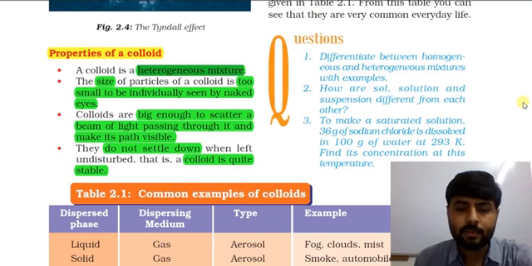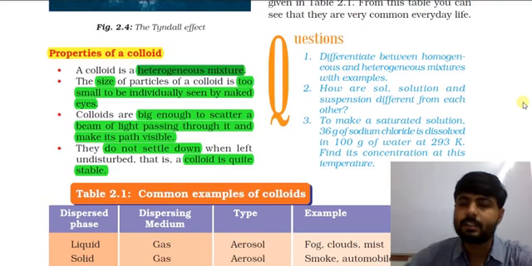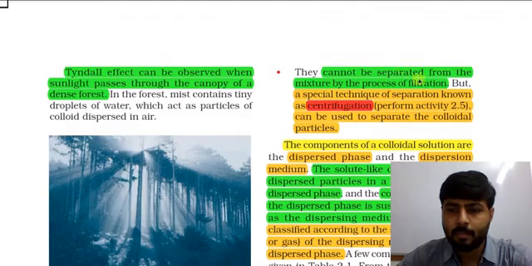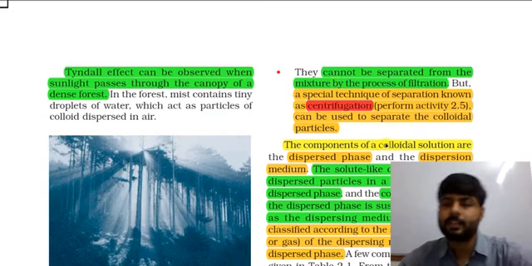Do not settle down, colloid is quite stable. When we leave the colloidal solution for a few hours or few minutes, it will not settle down. It means colloid is quite stable. So these are some properties of colloidal solution. After that, we have one important property: it cannot be separated from the mixture by the process of filtration.